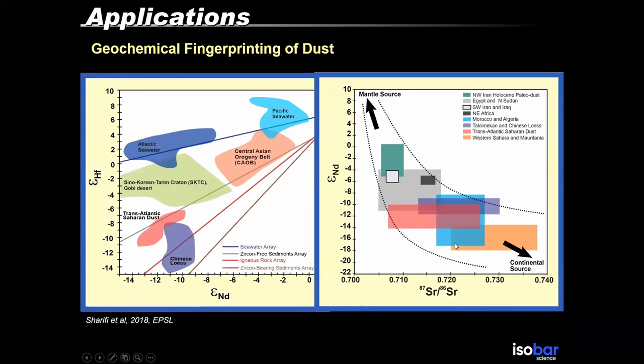In this case, I was able to isolate the modern dust from the Middle East, from Iran and Iraq, and the dust from North Africa and Morocco. I was also able to isolate the paleo dust. This box refers to the paleo dust, which I measured and characterized, but the rest of the graph represents the modern dust sources.